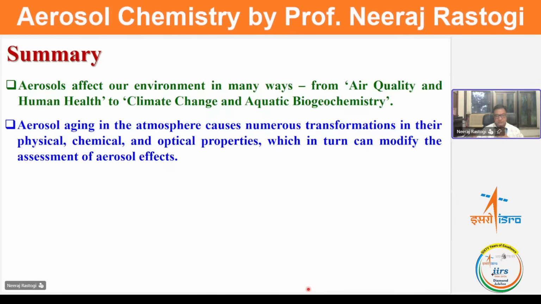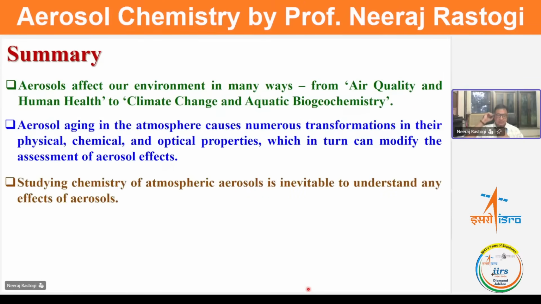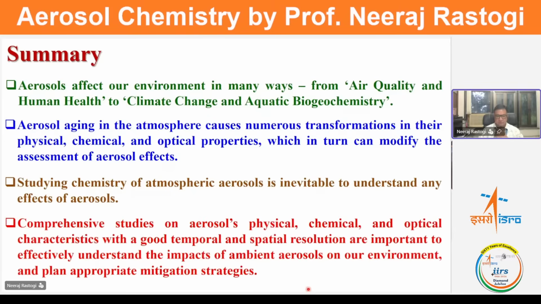Aerosol aging, which is transformation in the atmosphere, causes numerous transformations in the physical, chemical, and optical properties, which in turn can modify the assessment of aerosol effects. I told you about this when we were talking about the transformation process. Then, in any effect we are talking about, studying the chemistry of atmospheric aerosol is inevitable to understand any effect of aerosol.